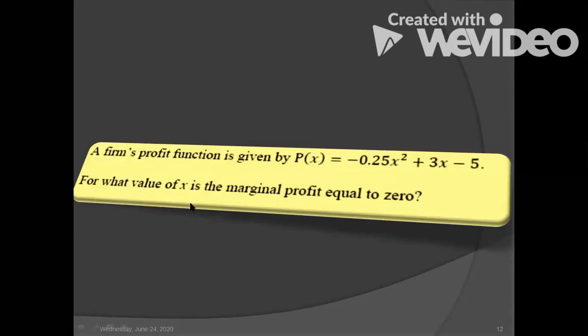Alright, so it says a firm's profit function is given by that. For what value of x is the marginal profit equal to 0? So we're going to differentiate this and put it equal to 0. So let's do that.